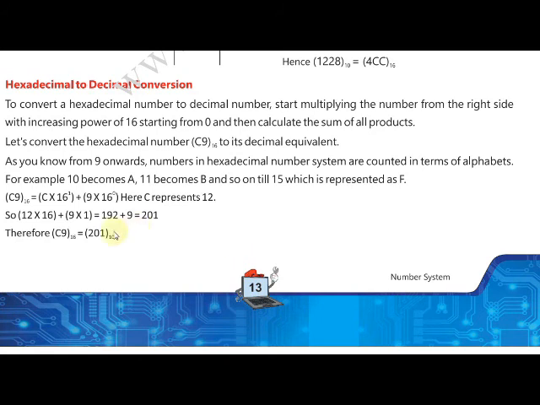So let's see a small example, we are going to convert C9 to decimal.